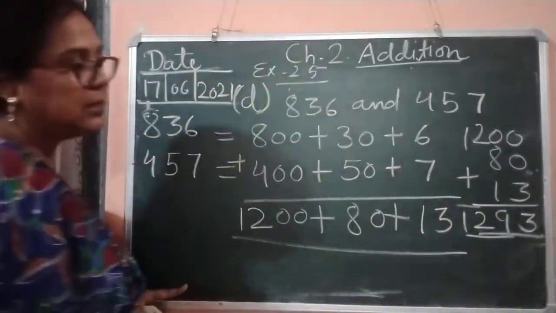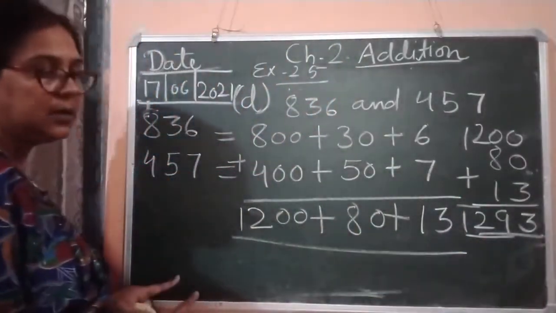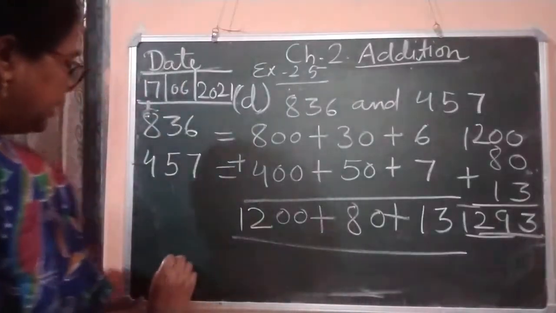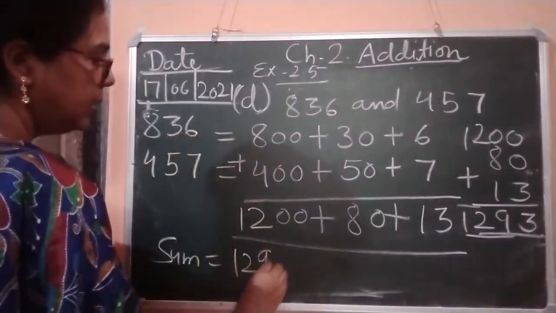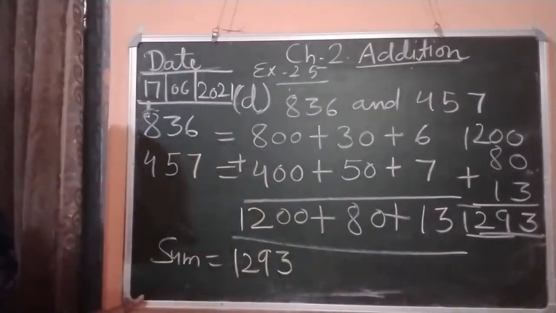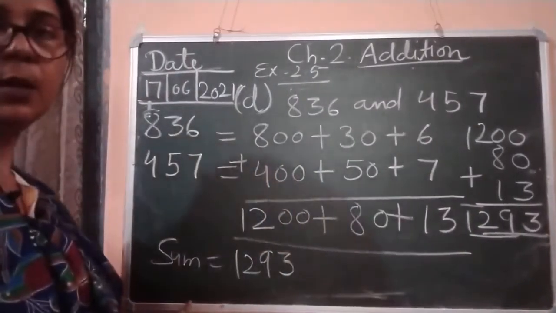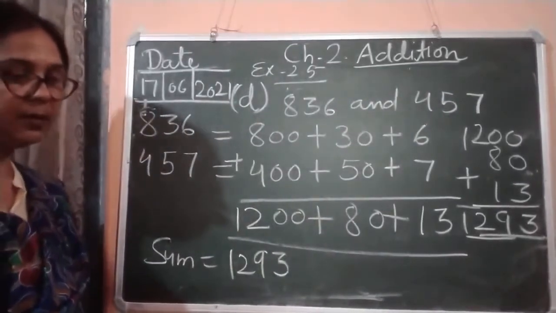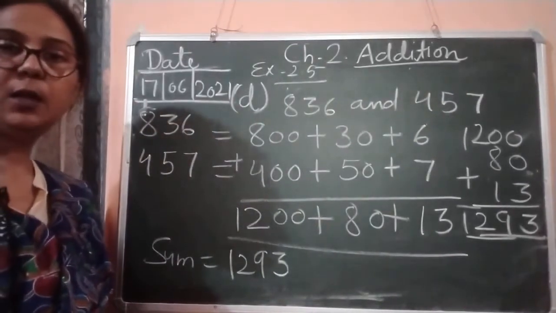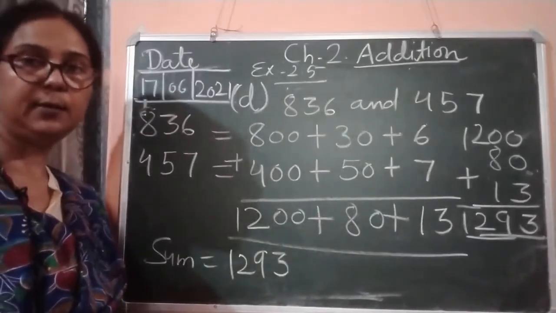So here you can see 1293 is the answer. So the sum is 1293. Okay, so do it, children. The first question we have completed. Now we will do the next one.